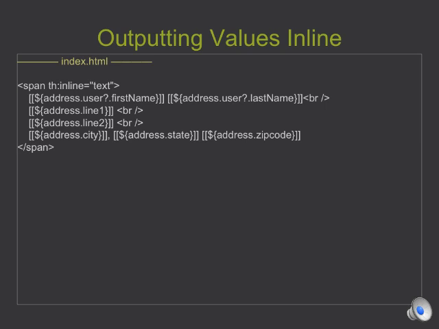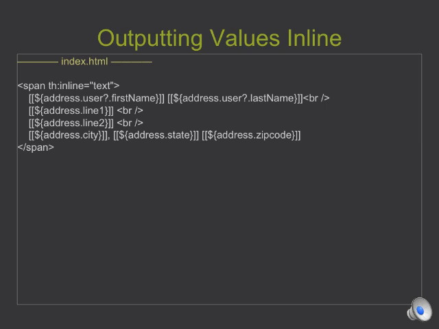What this is letting you do now is, instead of looking at the actual value of an attribute on the span, Thymeleaf is now going to process the contents of this span and treat that specially. And so if we're using the two square brackets, we can then surround any type of Spring expression language expression that we want, and we can display our addresses without having to have a whole bunch of markup around it.